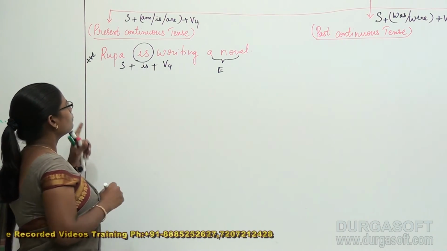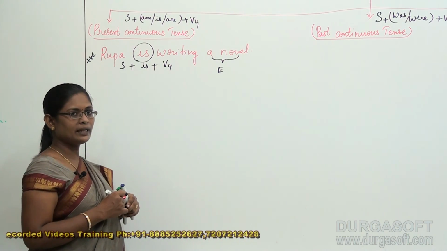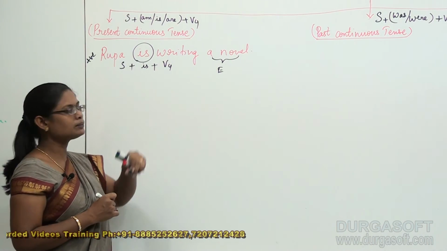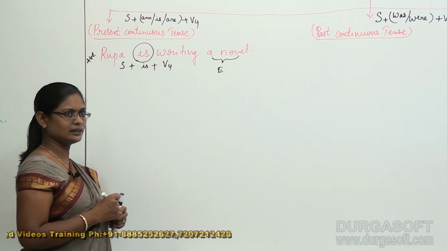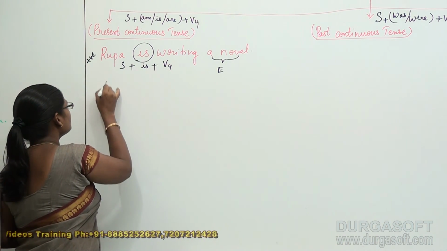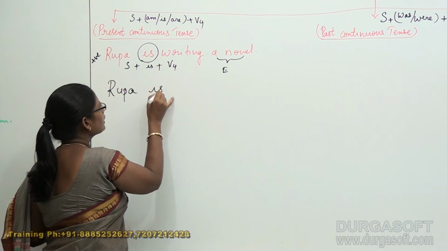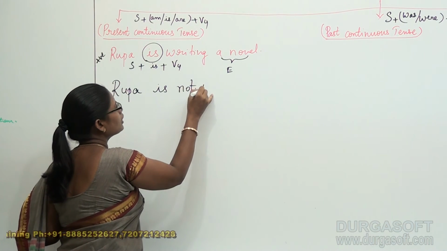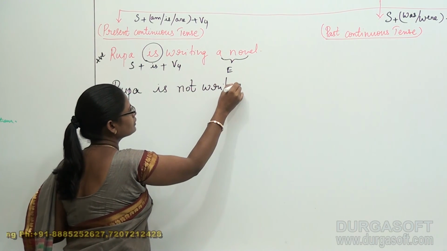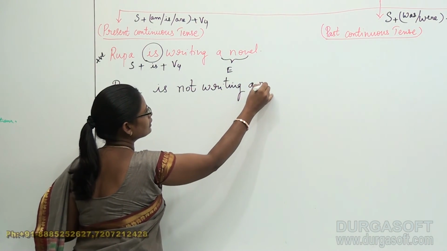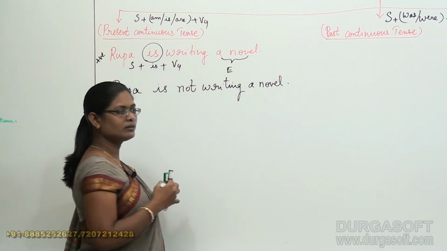Now, when you place not beside is, automatically this sentence becomes a negative sentence, right? Okay. So let's do the example like this. Rupa is not writing a novel. Very simple.